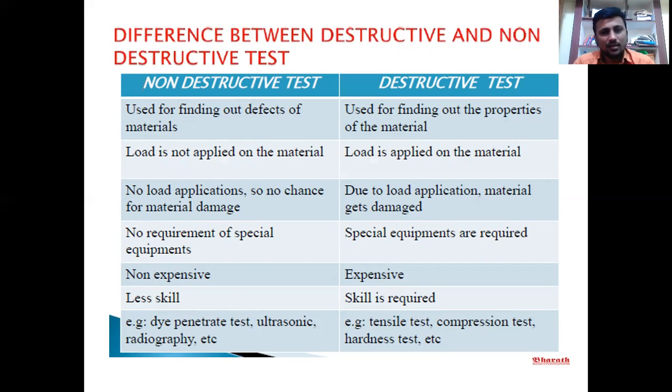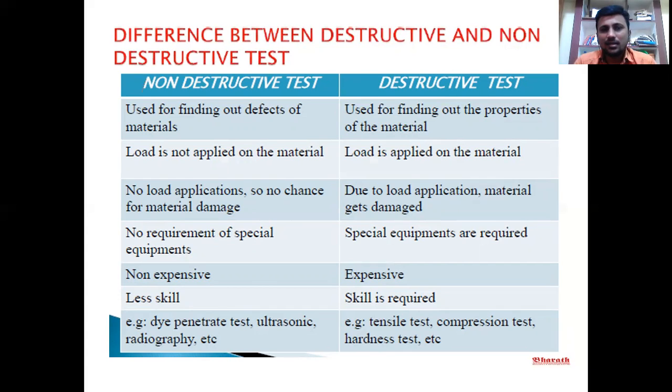The third major difference between NDT and DT: no load application, so no chance of material damage. The previous point continues. When we apply the load, what will happen? The material structure may be changed.